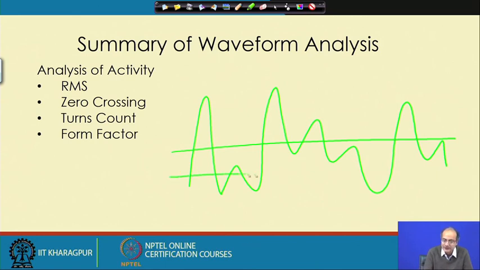If we take the baseline here, the results would be different. If we move that DC baseline, the results will change. So, either we need to remove that DC bias, that is one way to take care of that, or we can go for the turns count, which is again not affected by the DC bias.